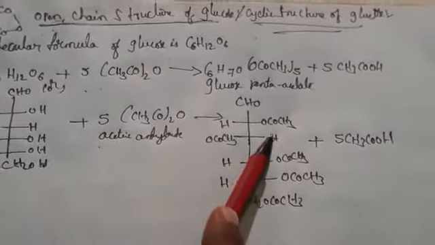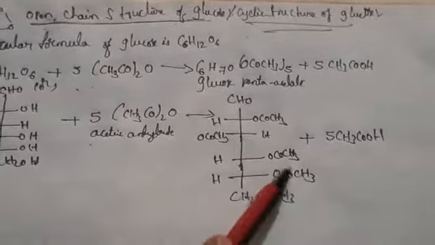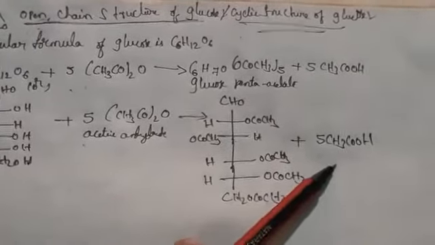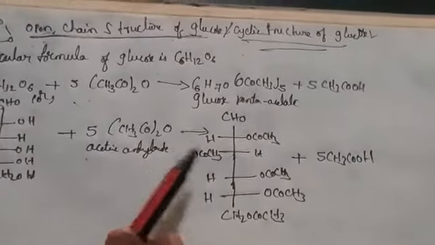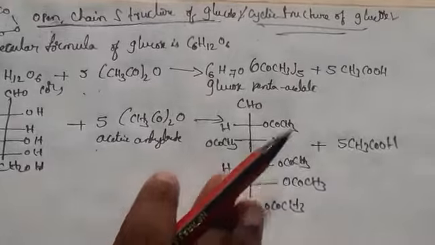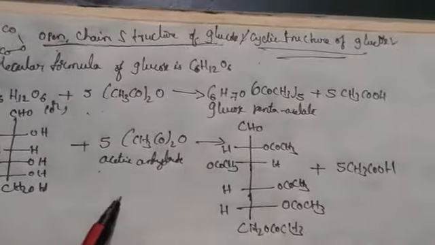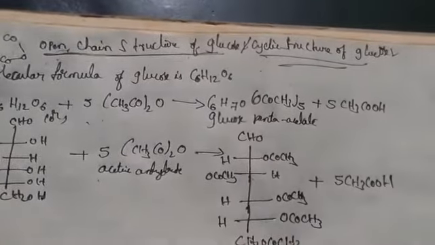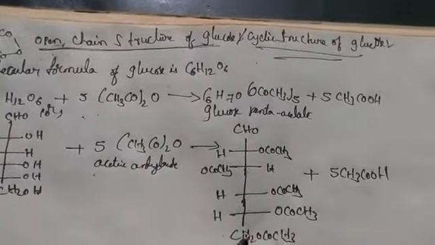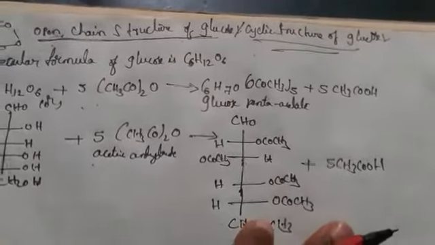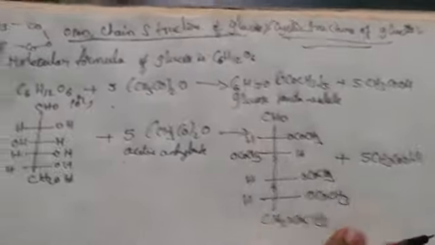Glucose pentacetate. 5 OCOCH3 groups it is giving, and 5 moles of acetic acid are lost. This indicates that glucose forms glucose pentacetate, which shows the presence of 5 hydroxy groups in glucose. Have you understood?